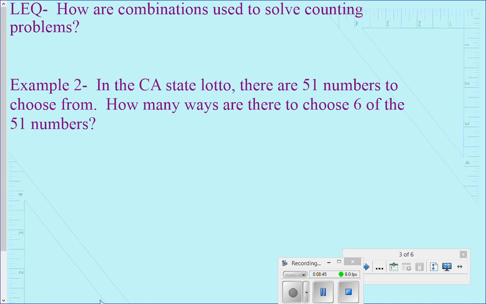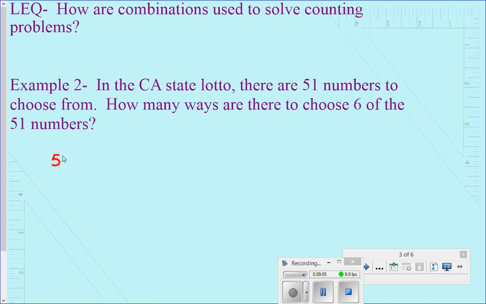If I have the number 5 on my ticket and 5 comes up, it doesn't matter where I picked the number 5. If it was the first number I picked, but it was the third number that came up in the machine, that doesn't matter. What matters is that 5 came up and that I have 5 on my ticket. So order does not matter and no repeats. Therefore, this is a combination.